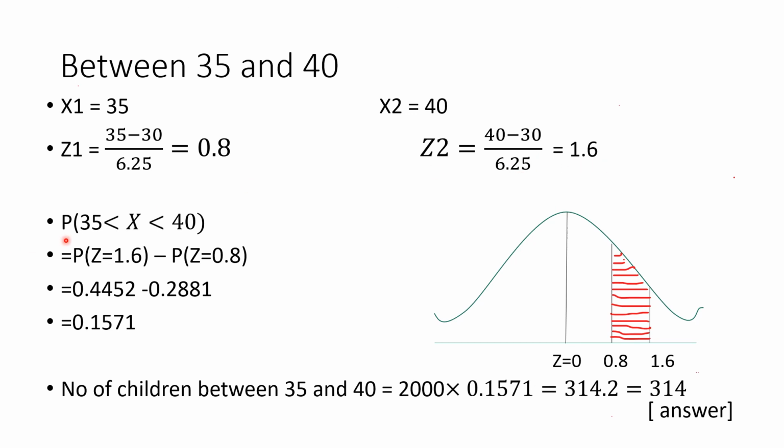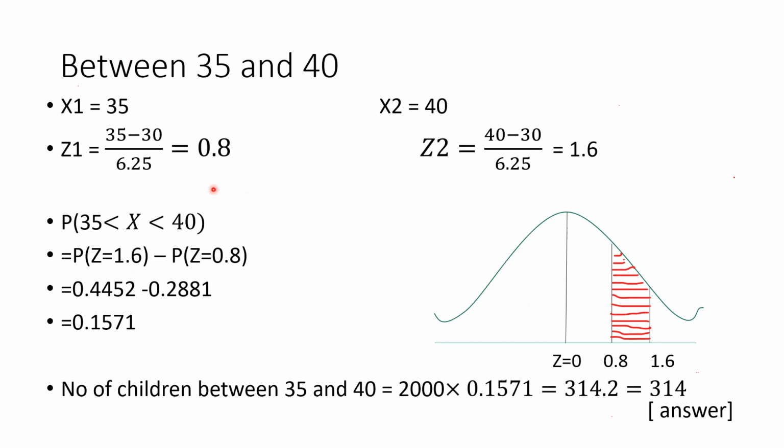So you have to calculate the probability of x between 35 and 40. Shift the value in terms of z. So this is equal to the probability of 1.6 minus probability of z is equal to 0.8.